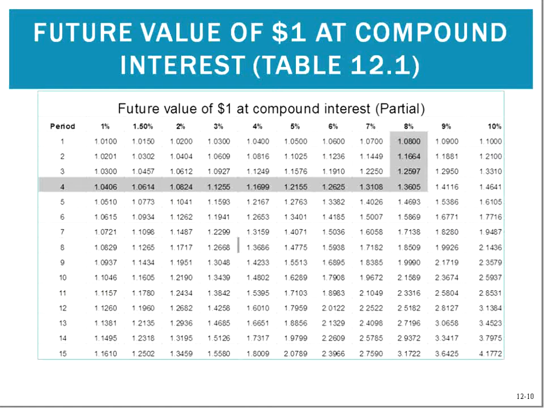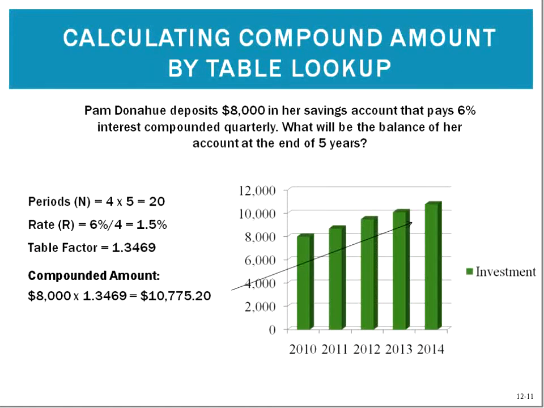Okay? Now that's what we got with step number 3. Now step number 4 is multiply 80, which was our dollar amount, times 1.3605. And if you multiply those two, you should have gotten the same value of 108 and some cents.